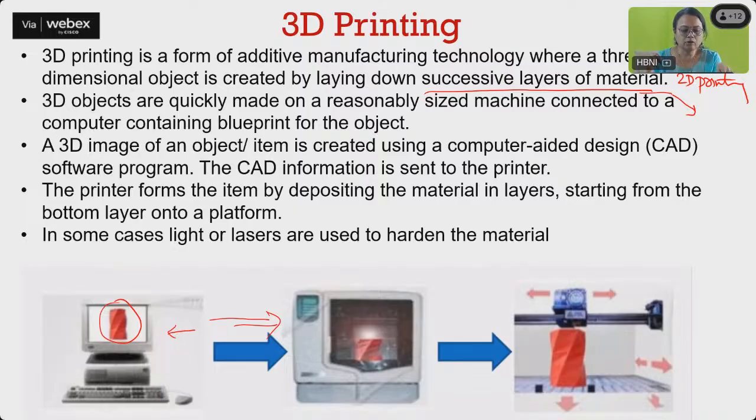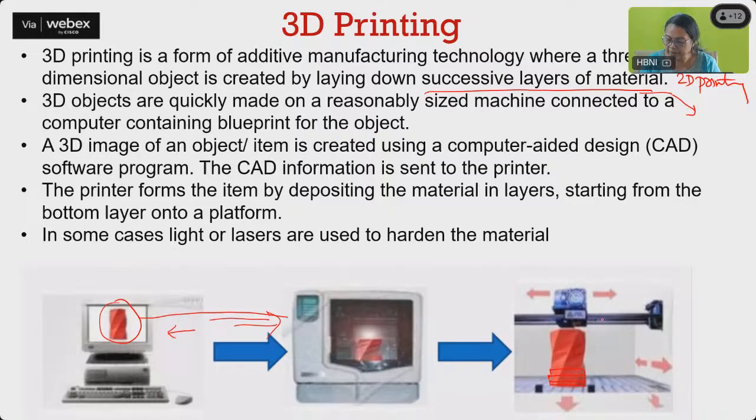The printer forms the item by depositing the material in layers, starting from the bottom layer onto a platform. In some cases, laser or light is used to harden the material. So initially one layer will be formed, then one more layer, then one more layer.